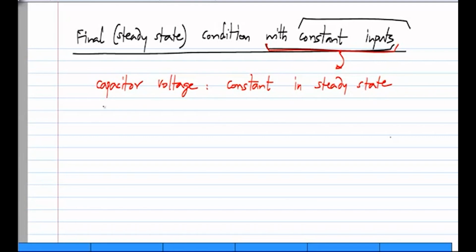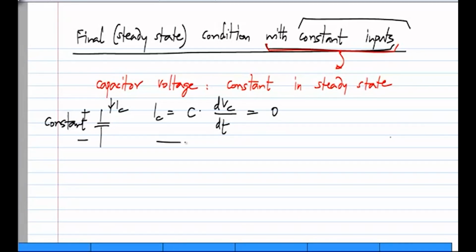If the capacitor voltage is constant, the capacitor current IC, which is C times the time derivative of the capacitor voltage, will be 0.